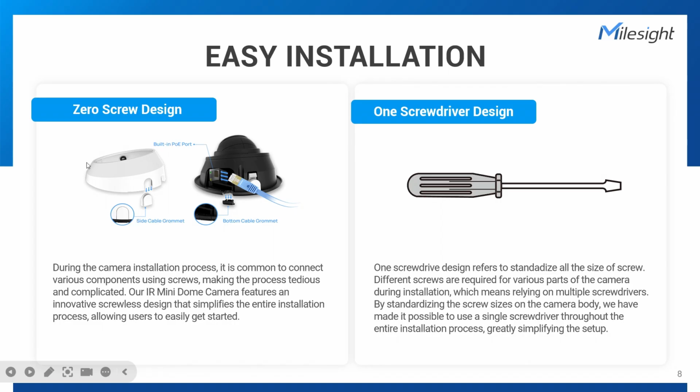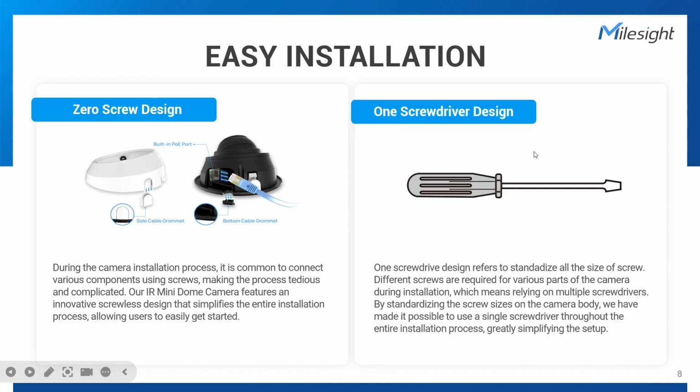But for this one, our mini dome camera, this camera uses a zero screw design, so that you do not need a screwdriver for the whole assembly job. You just need this side cable grommet. You click it, and then the exterior body and the overall body will be dismantled, for your cable connection, your activation, or your SD card insertion, so that the camera will be a very easy-peasy management and assembly experience.